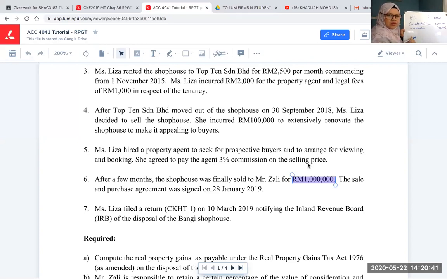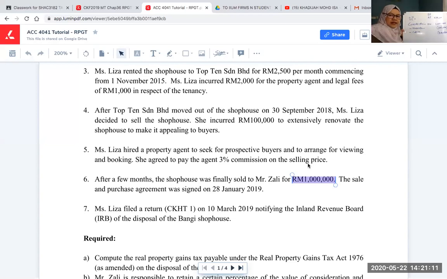And then you also have incidental cost incurred in disposing. Dia ada dua ya: incidental cost incurred in acquiring the property, so that will be acquisition price. Incidental cost incurred in disposing will be your disposal price. But remember, it's deducted. So this one is your commission. 3% of 1 million is 30,000? I hope so.